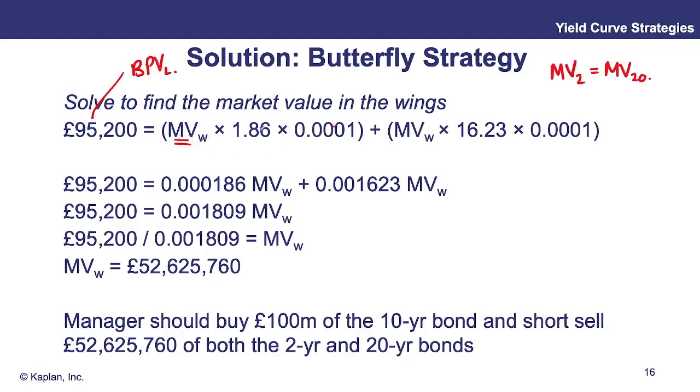This must be the BPV coming from the 2-year name, all right? And this must be the BPV coming from the 20-year name, okay? And when I say this, I'm talking about all the junk in the brackets. Market value in the 2-year name times the modified duration of the 2-year name times a basis point, plus market value in the 20-year name multiplied by the modified duration of the 20-year name multiplied by a basis point.